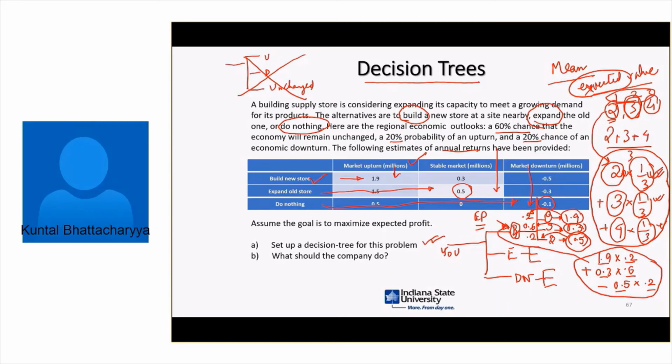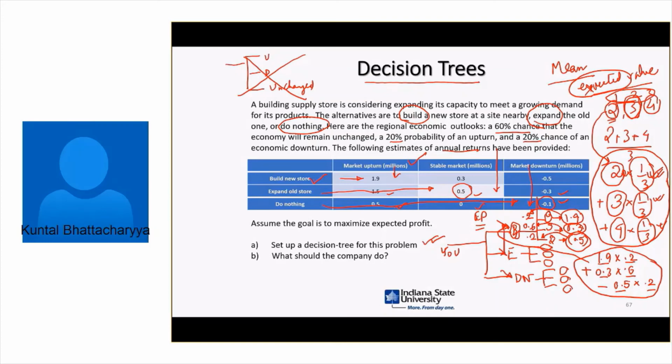You do the same exact analysis with the calculations here based off of these numbers. You do the same exact thing with the calculations here based off of these numbers. And then you find an expected profit from expanding, and a profit from doing nothing.